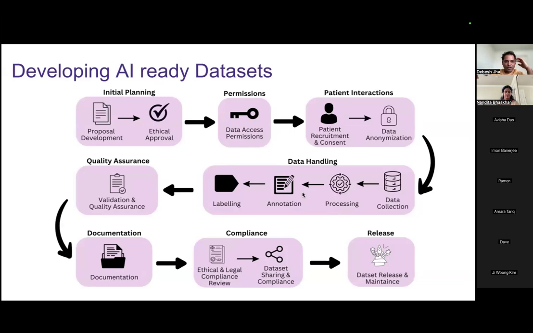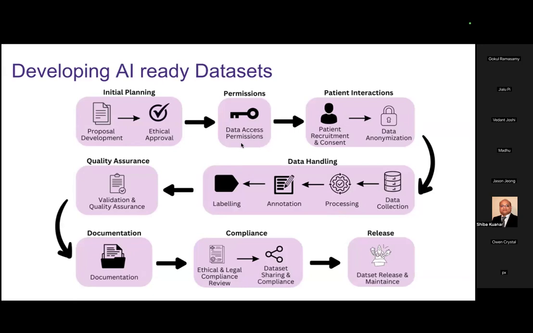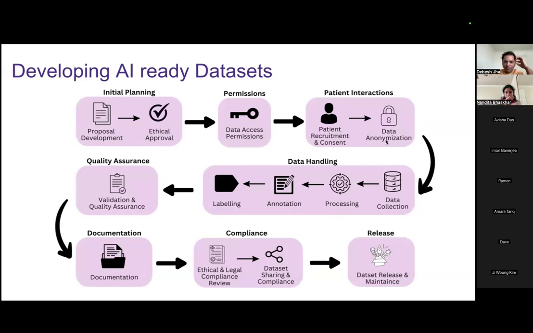Let's move on to data development for AI-ready datasets. Any dataset, or at least the datasets that we use for AI, starts from initial planning, where doctors write proposals and it requires ethical approval. Then the doctor gets permission, and you have to get patient consent and recruit patients, and we have to anonymize all the data.